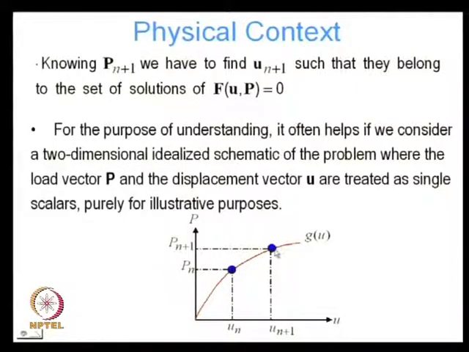So, what do points on the red line mean? That means at those points my u and p are such that my applied load becomes equal to the system response. This is becoming slightly more mechanics oriented, but it is in equilibrium when my applied load equals my system response.